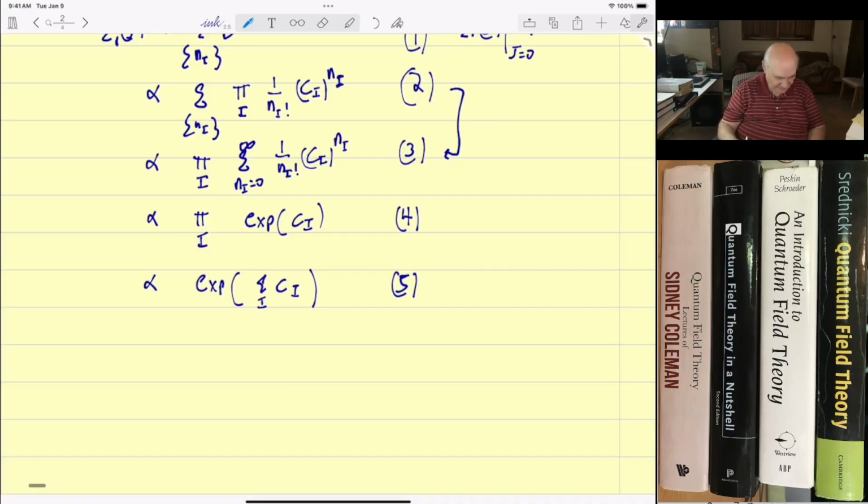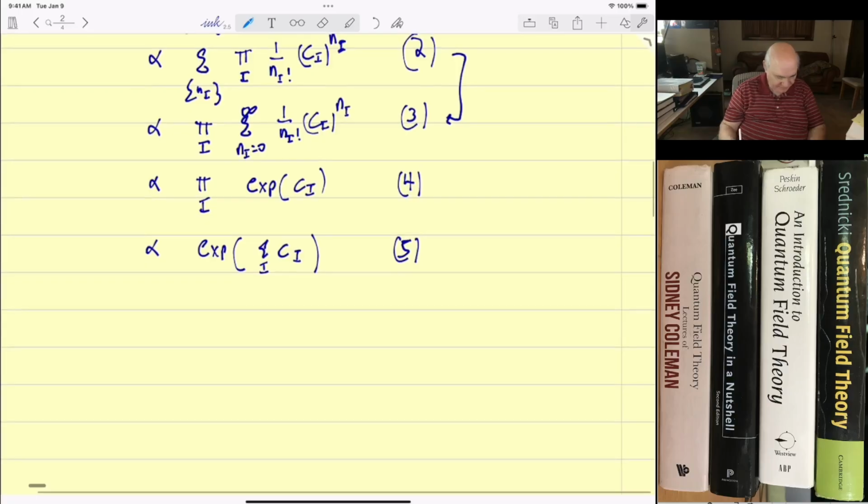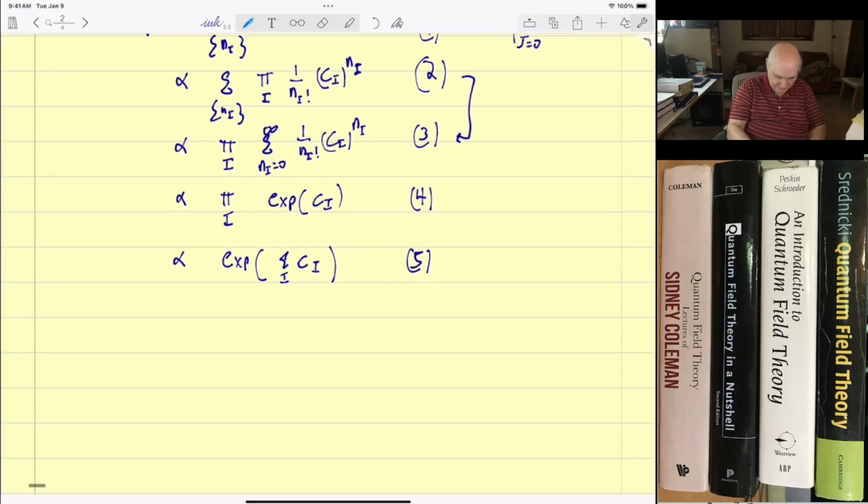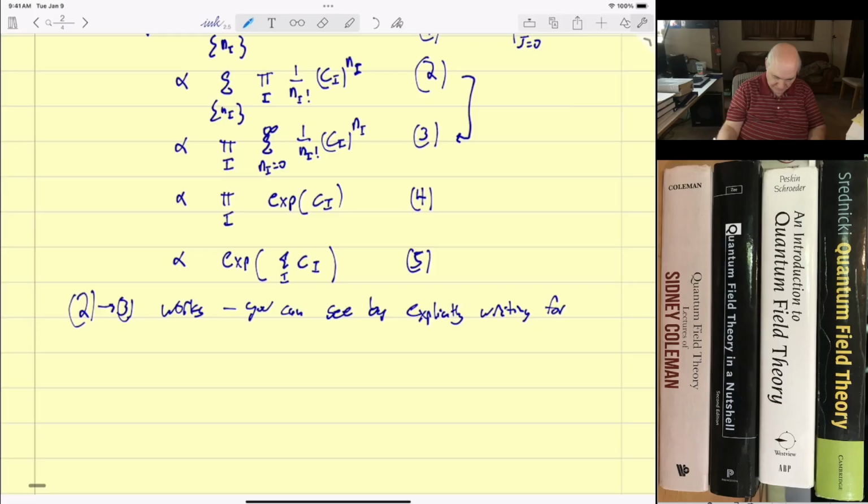So all you have to do, 2 to 3 works, but you can see this by explicitly writing it out for a specific set of diagrams.